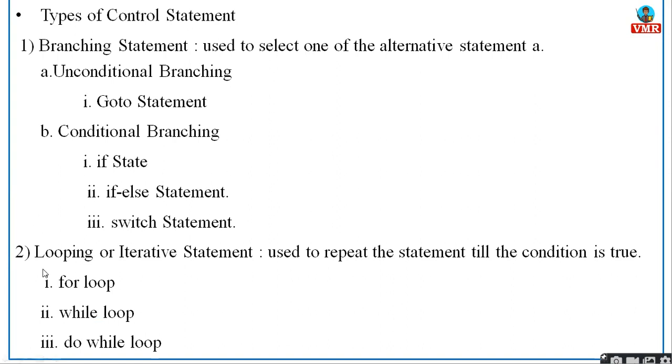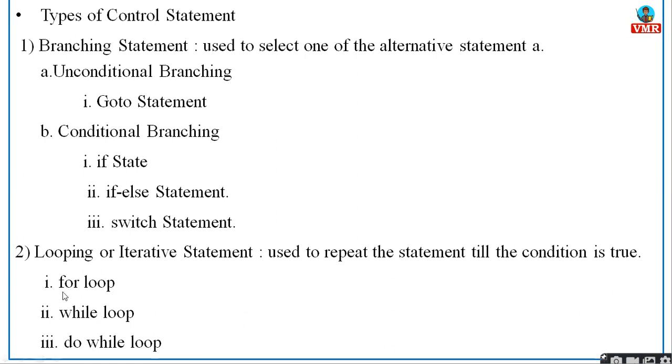Coming to looping or iterative statements, they are used to repeat the statement till the condition is true. If the condition is true, those many times your set of statements will be repeatedly executed, or else you will come out of that particular loop and execute the other statements.